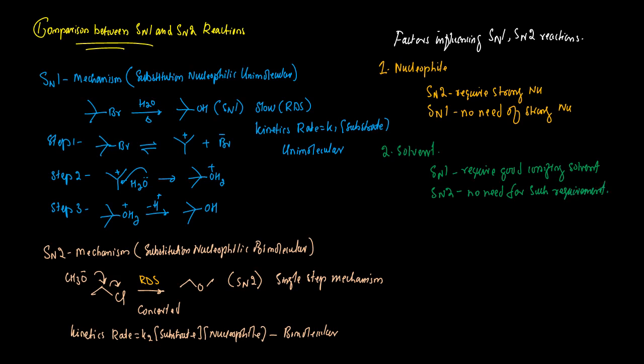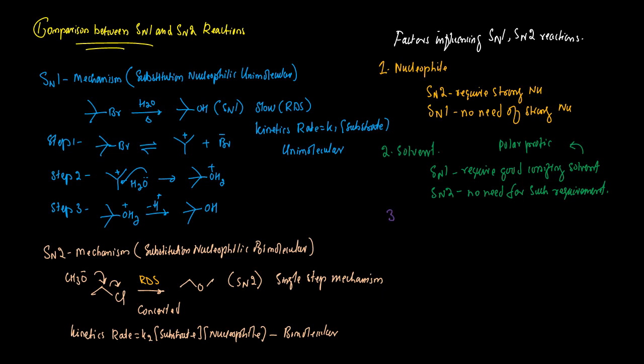Usually a polar protic solvent is required, such as methanol or acetic acid. These are polar protic solvents, or ammonia, which are needed for facilitating the SN1 reaction. But as far as the SN2 reaction is concerned, it requires a good nucleophile rather than a good solvent.